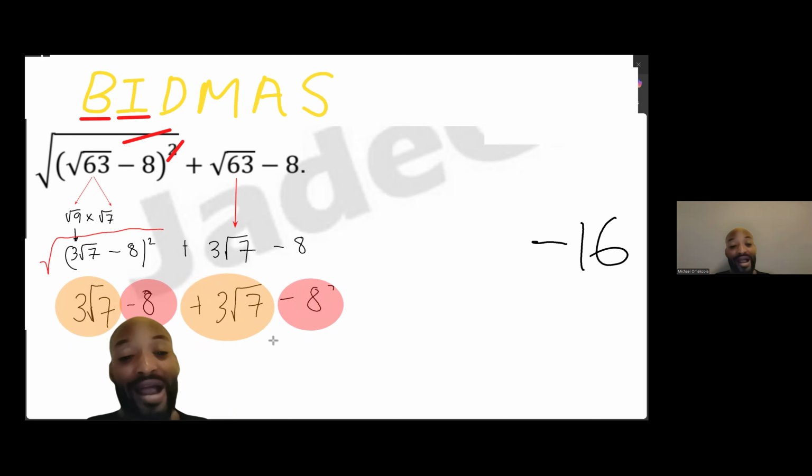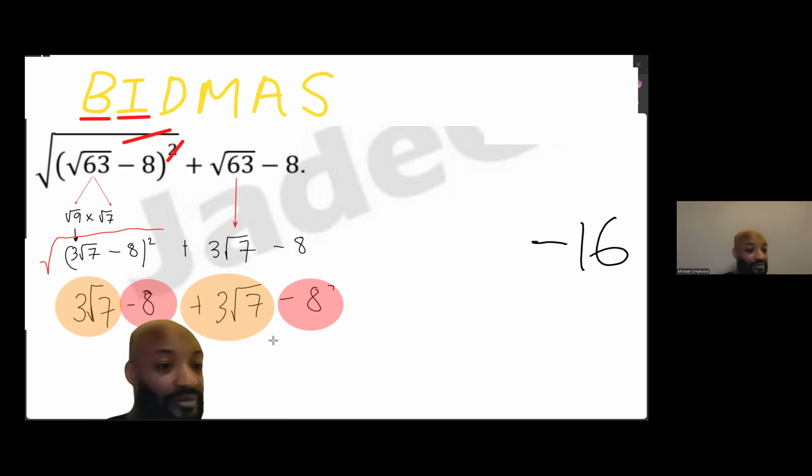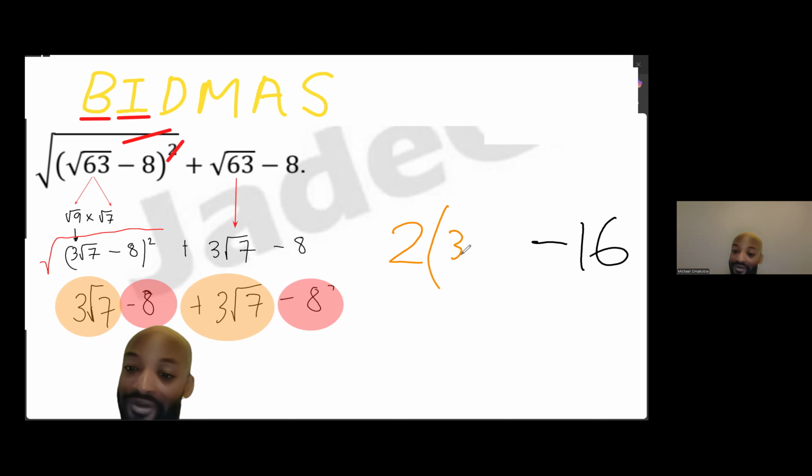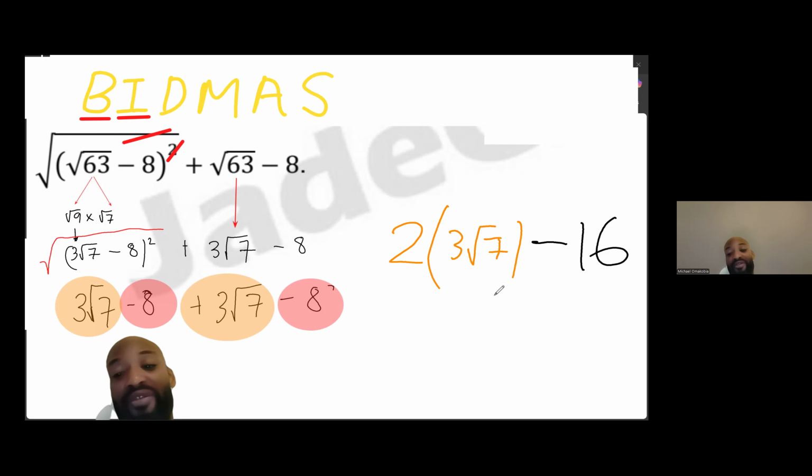So essentially, we can say we have 2 lots of 3 root 7. Essentially, 3 root 7 is being doubled.